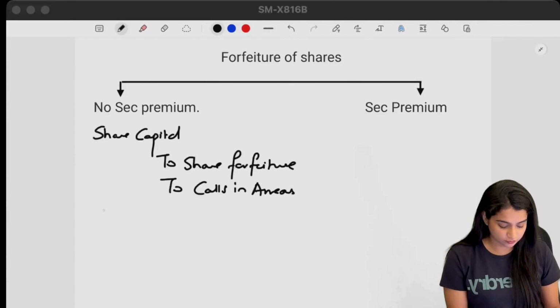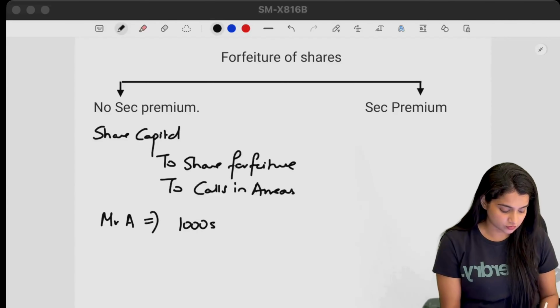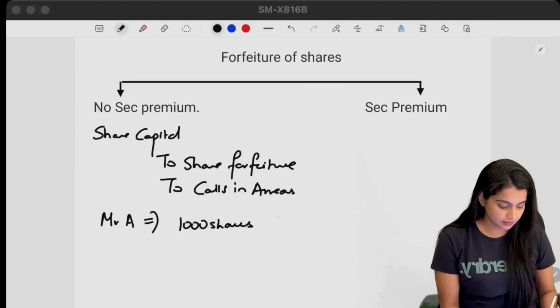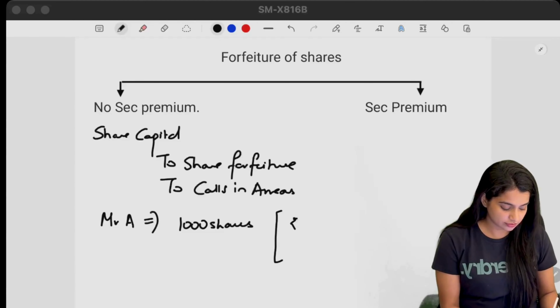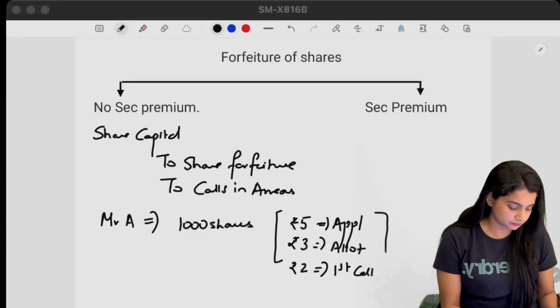Let's assume that we have Mr. A who has defaulted on 1000 shares, and in the question it was mentioned that you were supposed to pay rupees 5 on application, rupees 3 on allotment, and rupees 2 on first call.